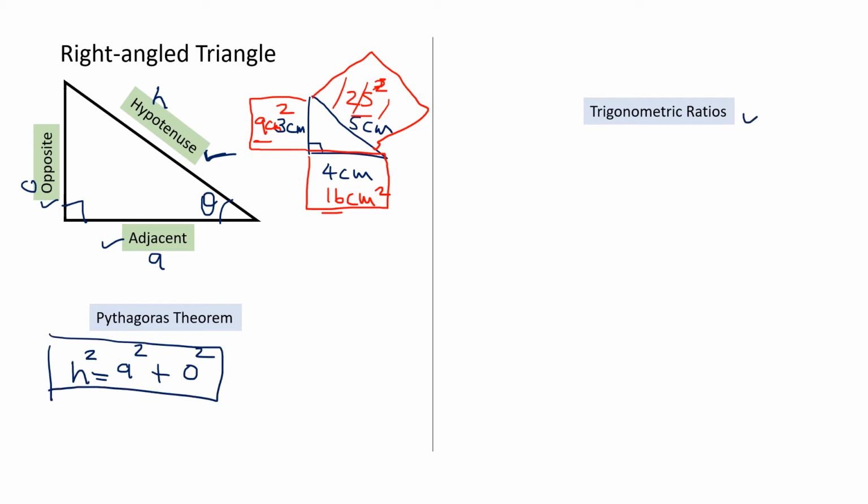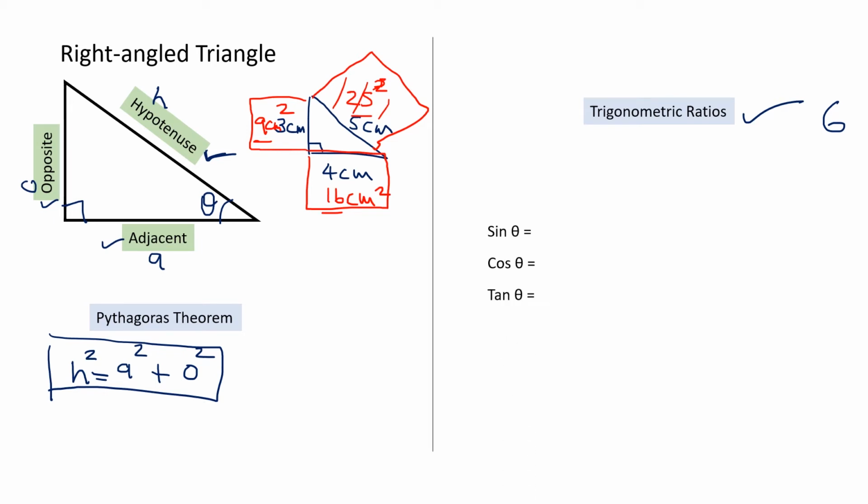Now, trigonometric ratios. The trigonometric ratios are the next important concept associated with the right angle triangle. There are 6 trigonometric ratios, but let's go through the first 3.